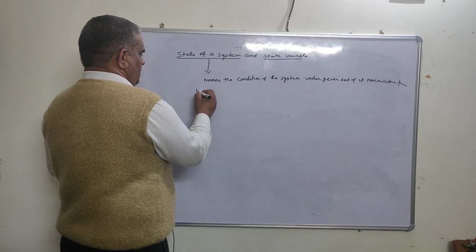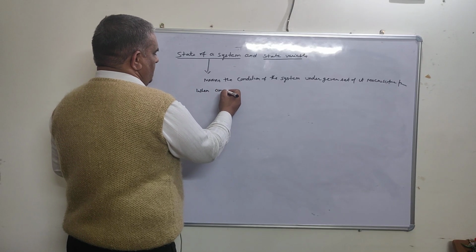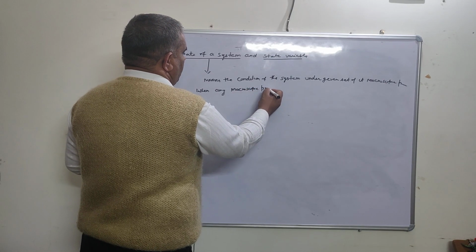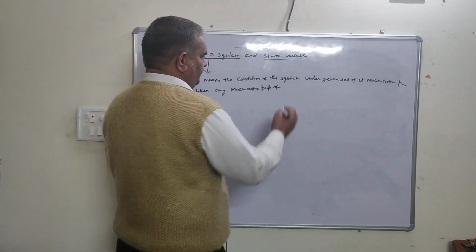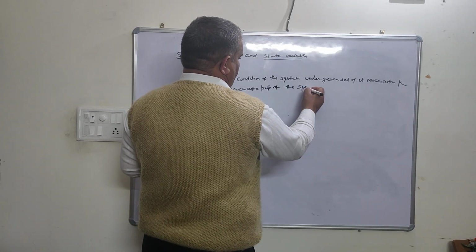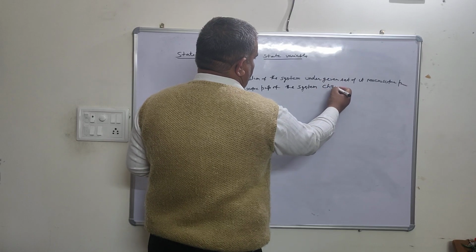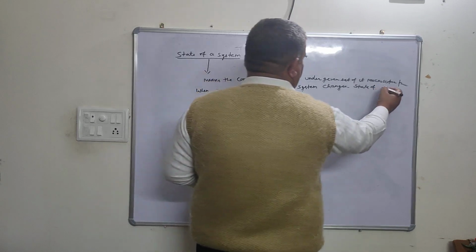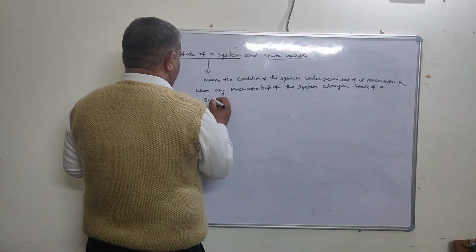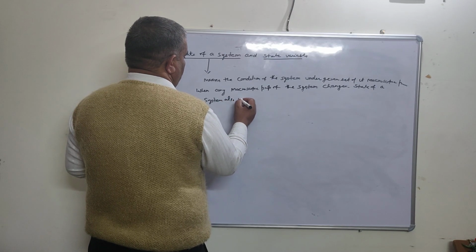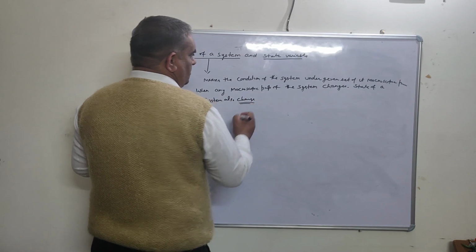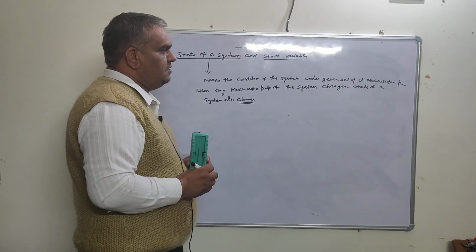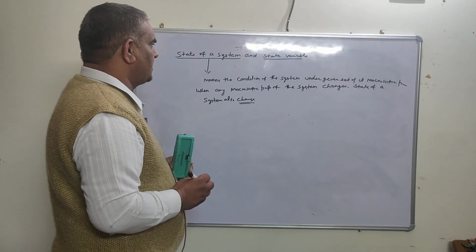When any macroscopic property of the system changes, the state of the system also changes. The macroscopic properties are mass, volume, temperature, pressure, Gibbs free energy, entropy, etc. These are the macroscopic properties.